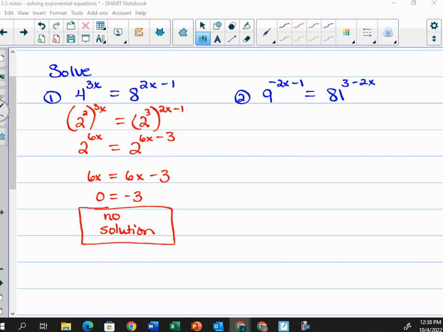And you can use a base of 3 or a base of 9.